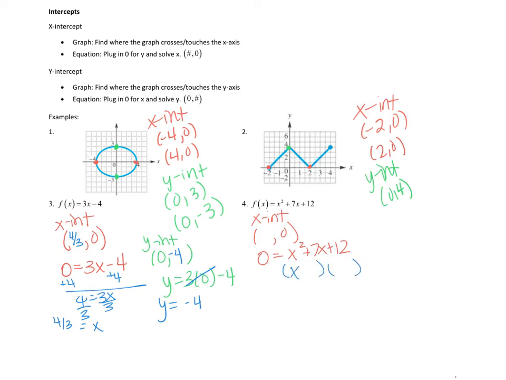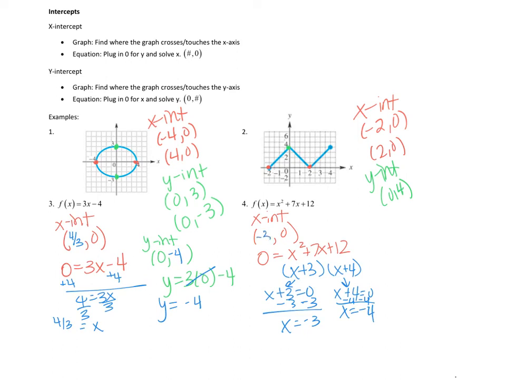I'm going to get (x plus 3)(x plus 4). Now that we've factored, to solve it I'm going to set each factor equal to 0. So x plus 3 equals 0 and x plus 4 equals 0. Solving each one gives me that x is equal to negative 3 and x is equal to negative 4.